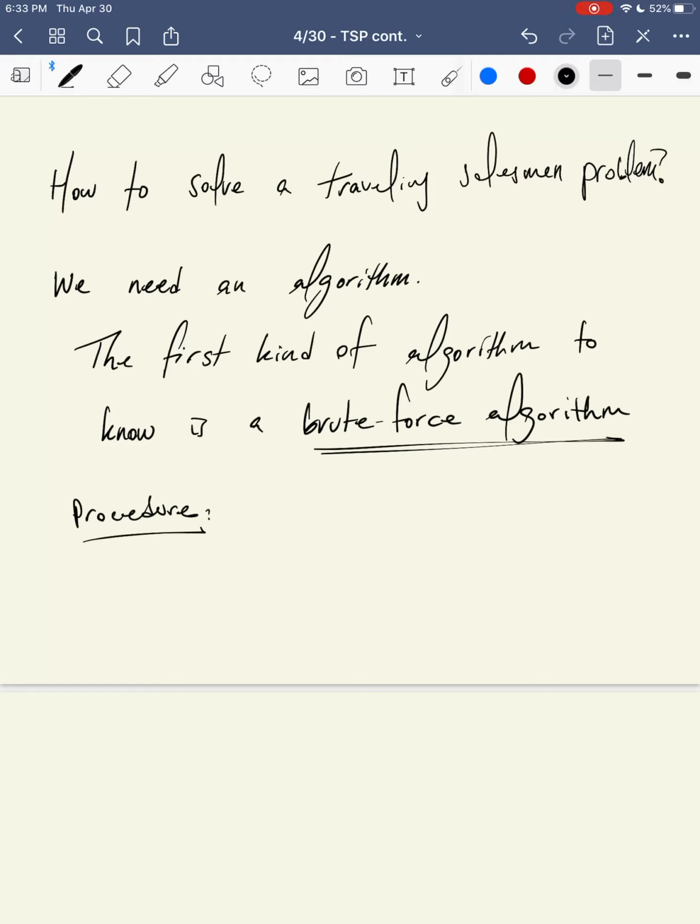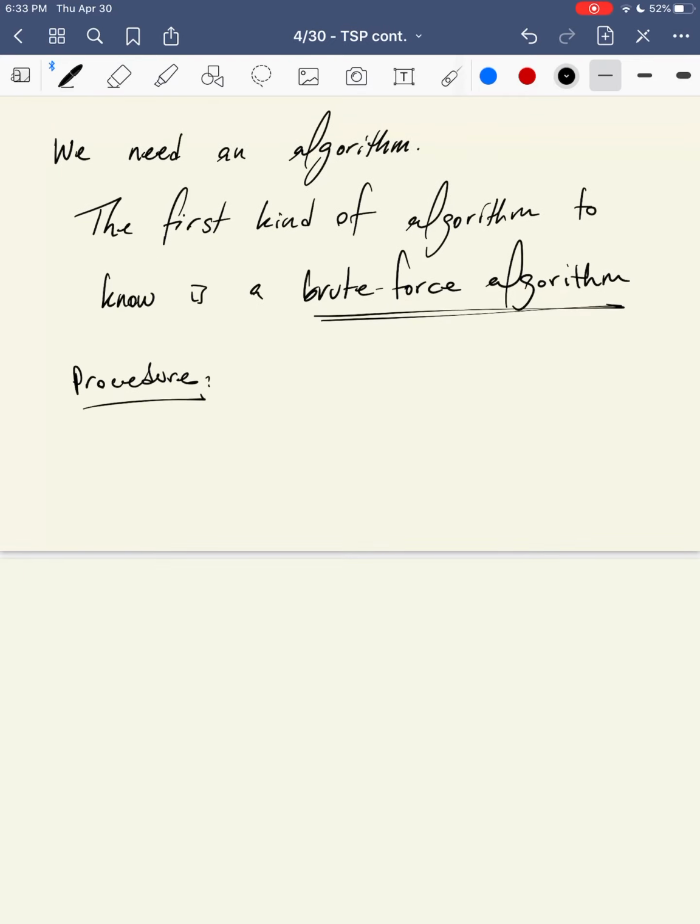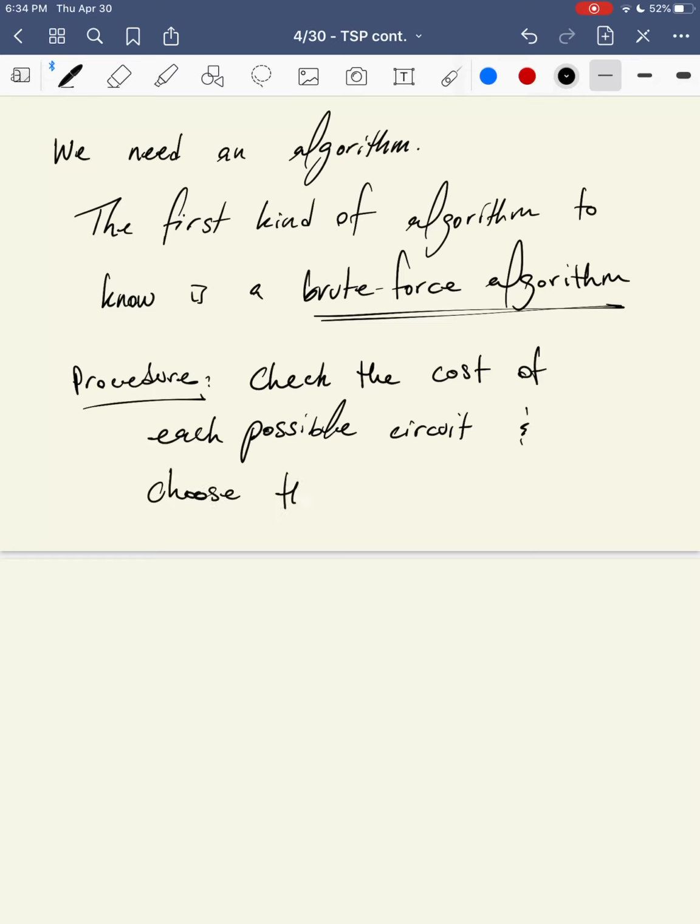Check the cost of each possible circuit, and choose the lowest.